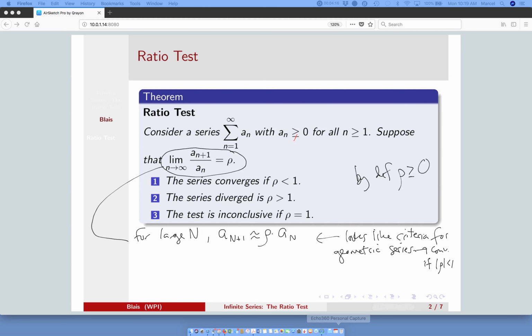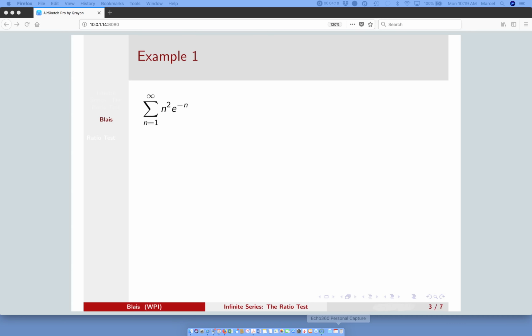Now, how do we use ratio tests? Here's an example. We usually would rewrite this as the sum from n equals 1 to infinity of n squared over e to the n. And we remember, always we're answering the same question. Do these terms approach 0 fast enough so that this sum will be finite?